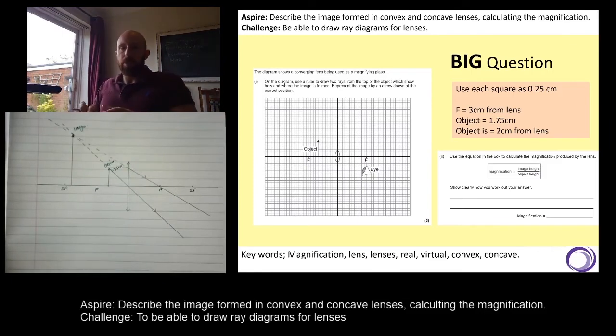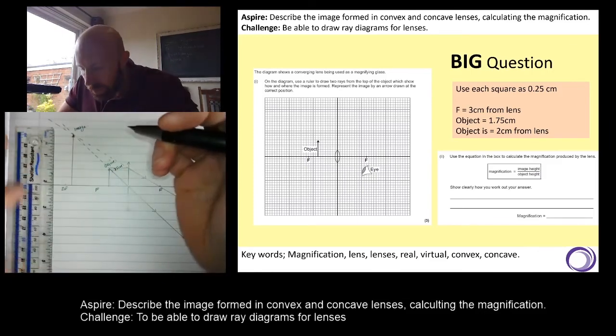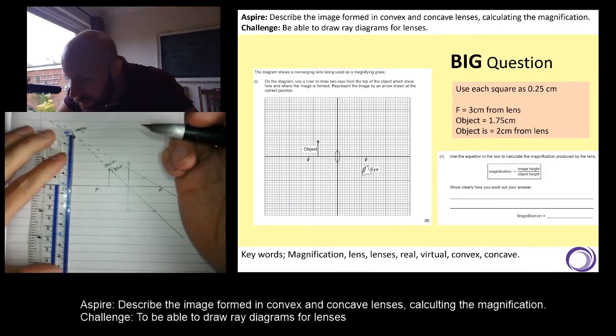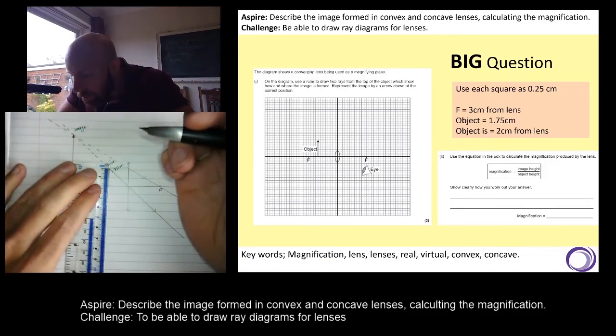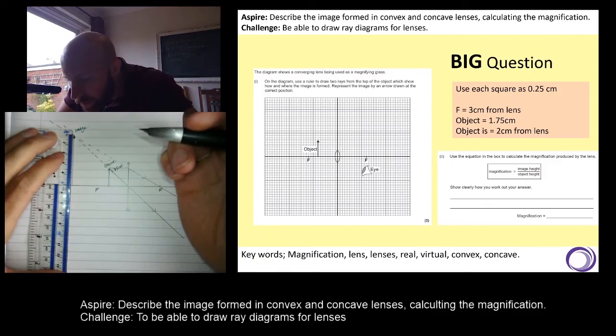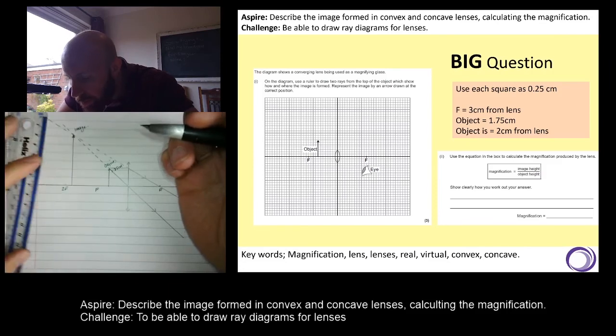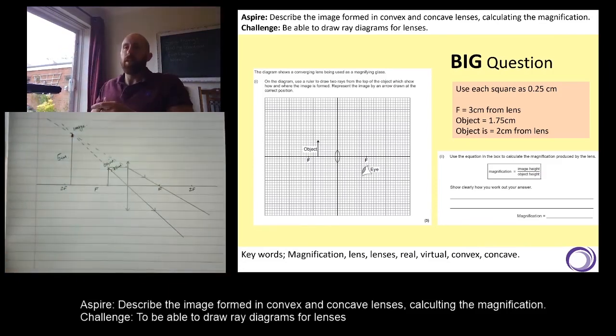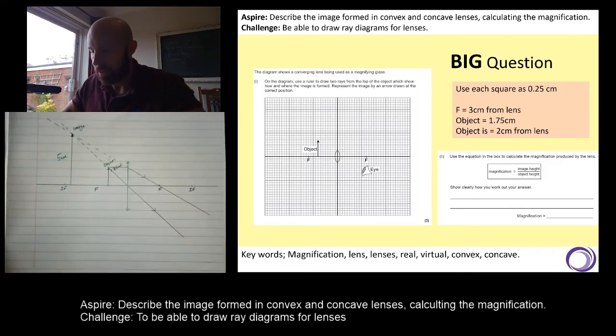And what we need to do is we need to measure it in centimeters. So I was checking, yeah, that was 1.75. So this one is 5, I think. Yeah, it's 5 centimeters for me. Yours might be slightly different depending on exactly how you do the diagram.